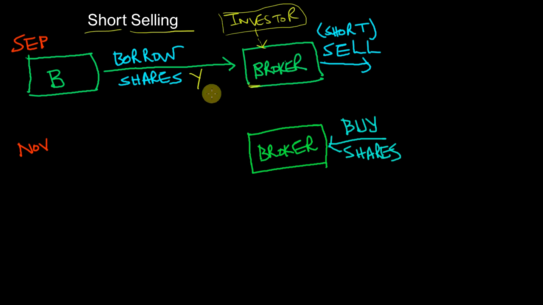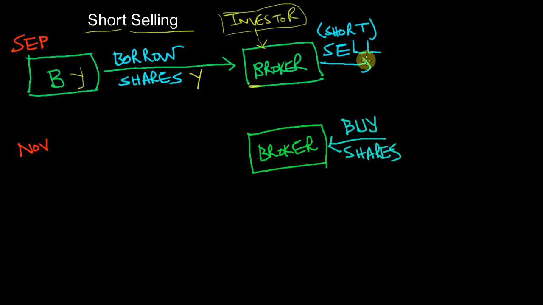So the broker could have access to stock Y with another client. Let's assume that client B has Y shares in his account. So the broker would borrow these shares from client B and short sell these shares in the market.